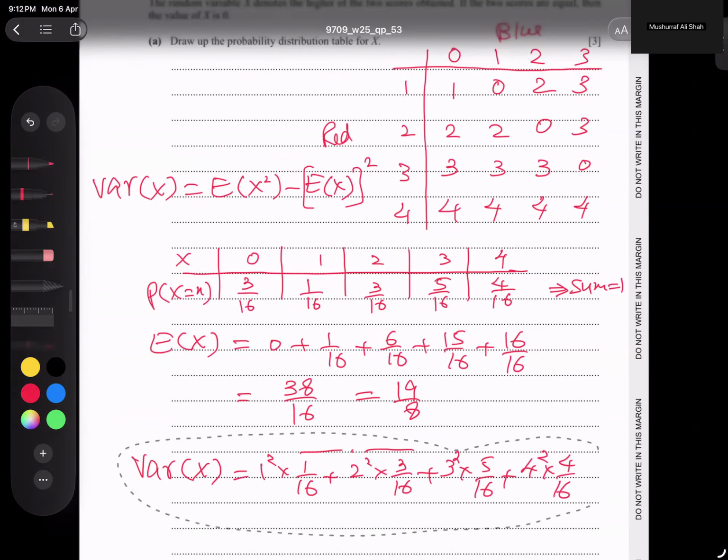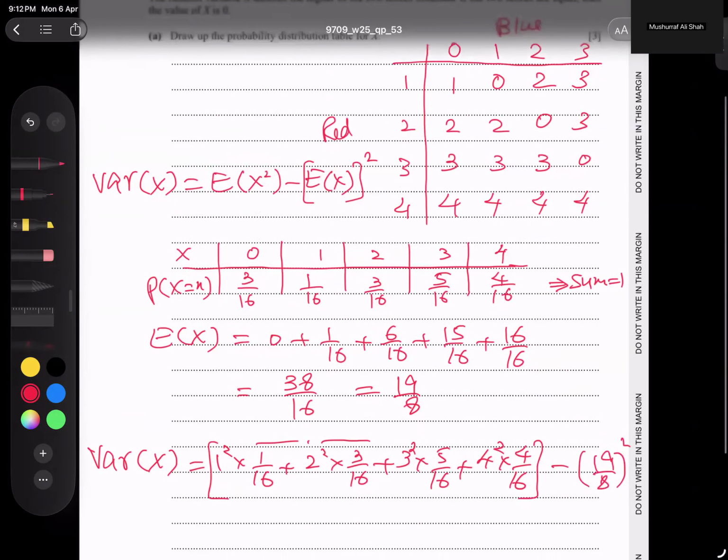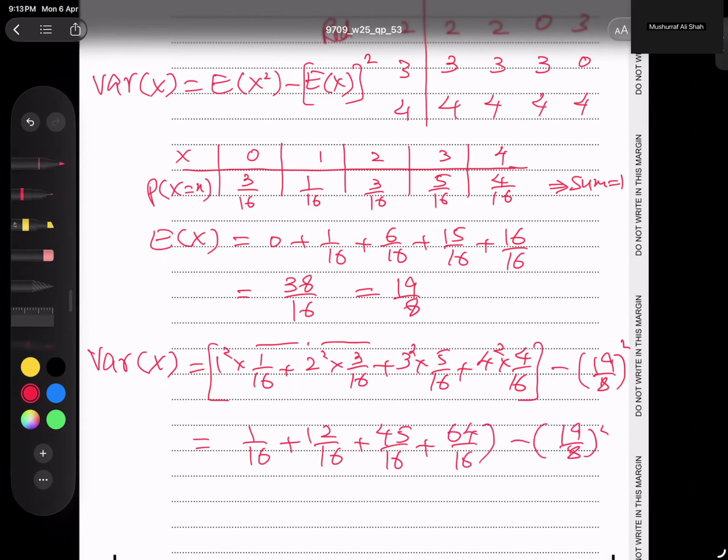And now I'm going to do what, students? Subtract the mean. This is the answer of it, and I'm subtracting the mean, which is 19 over 8 whole square. Now, if we check it, there's 1 by 16, 4 3s are 12 by 16, and 9 5s are 45 by 16, and 64 over 16 minus 19 over 8 whole square.